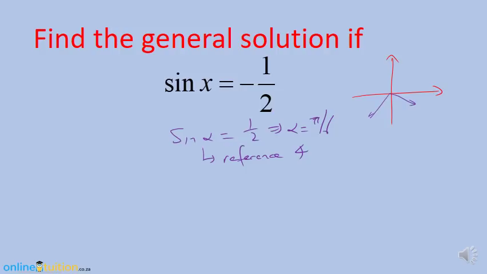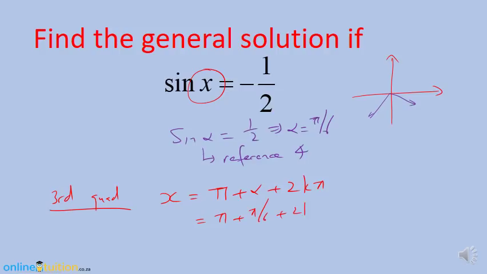So in the third quadrant, not alpha, but x. Go back to the original question. How do we get to the third quadrant? It's always going to be pi plus that alpha we calculated plus 2k pi, the period of the graph. And so that becomes pi plus pi by 6 plus 2k pi, and that's going to be 7 pi by 6 plus 2k pi. Cool. That's pretty straightforward. And if you look at the fourth quadrant, how do we get there?